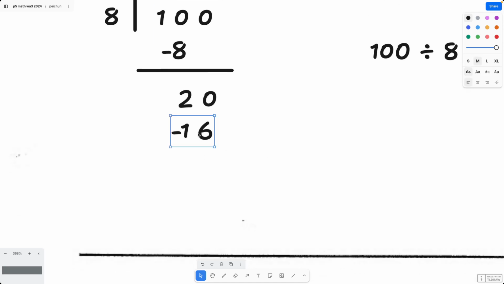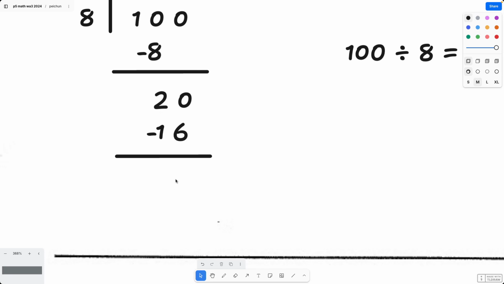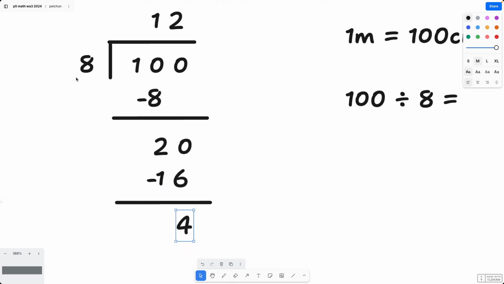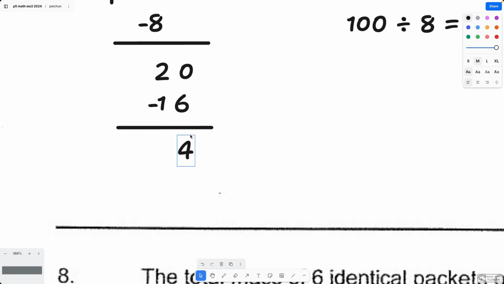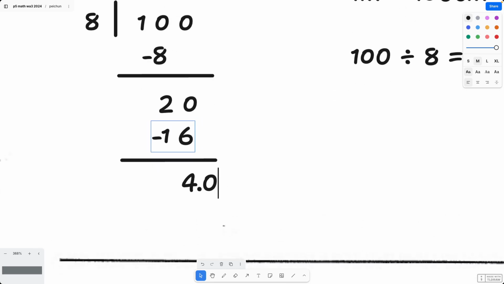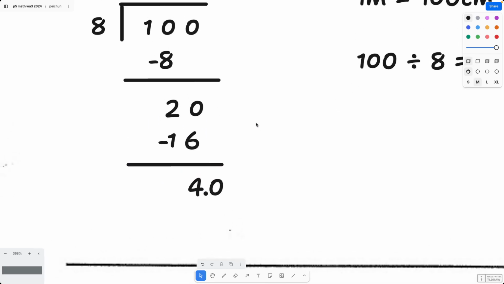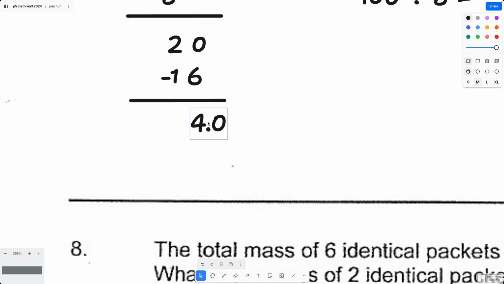And then lastly, we'll have the line over here. So 20 minus 16, this will give us 4, right? The thing is that 4 cannot be minus 8 as well. So in a way, we have to put a decimal place. Then we will add 0 at the end. So 4.0, or 40, can we minus 8? Yes, we can, right?